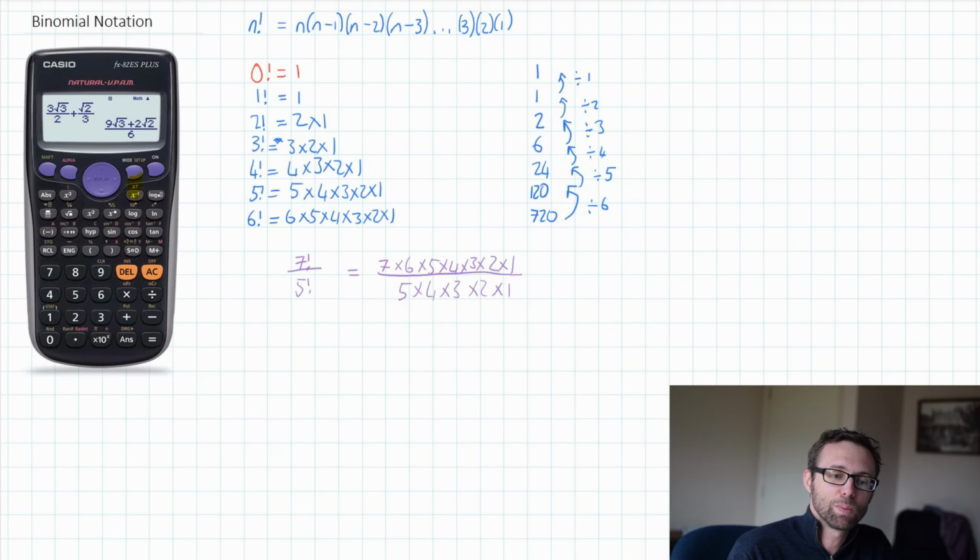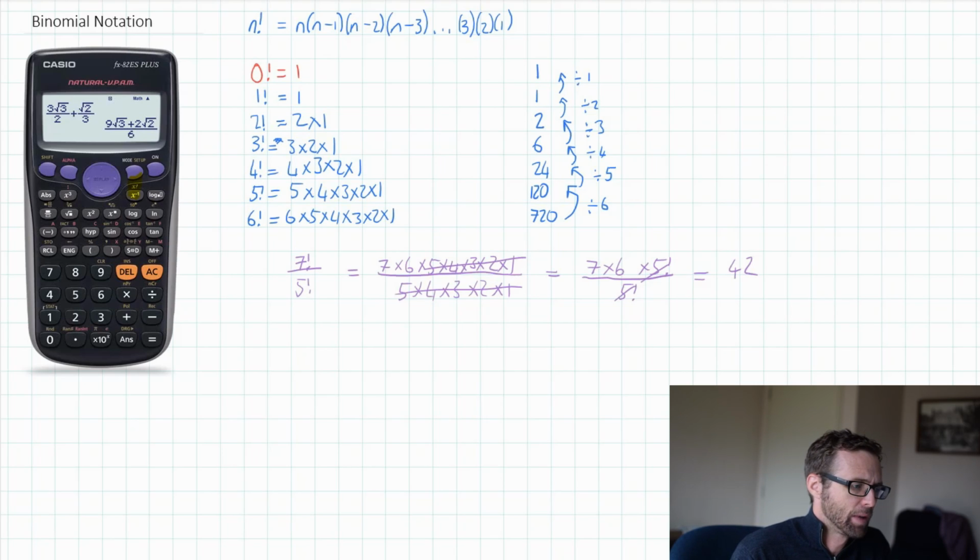At this point you should see I could cancel out all of these, and you're left with 7 times 6, which is 42. Another way of writing it is 7 times 6 times 5 factorial over 5 factorial, and you can see very easily that your answer is going to be 42. Okay, so that's the first set of notation that we need to be aware of today.